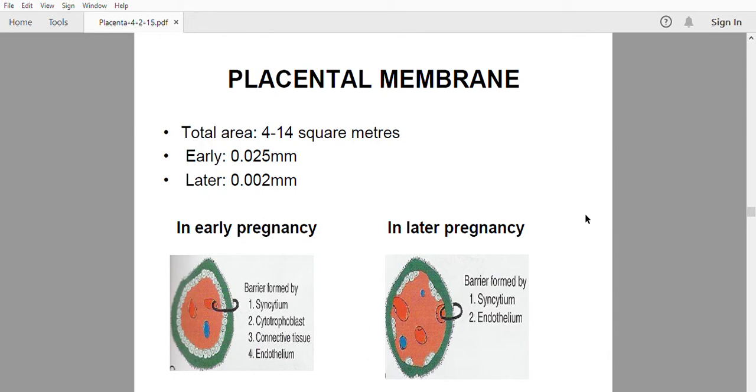Then the barrier function. The placenta acts as a barrier and prevents many bacteria and other harmful substances from reaching the fetus from the mother. So it is a well known function, the placental barrier.